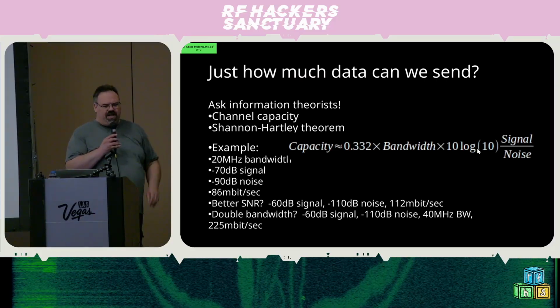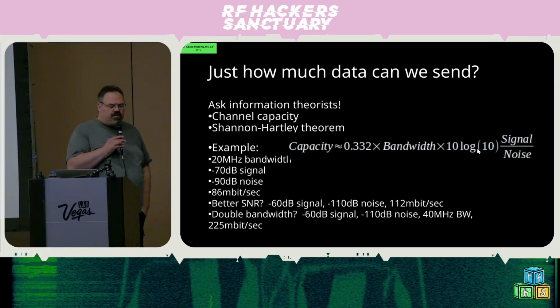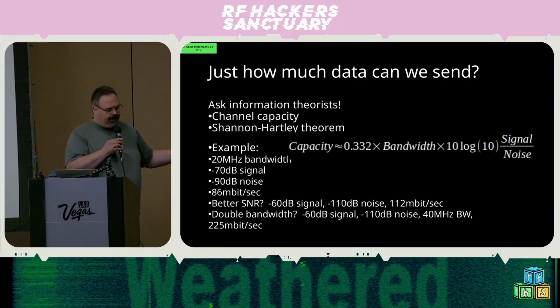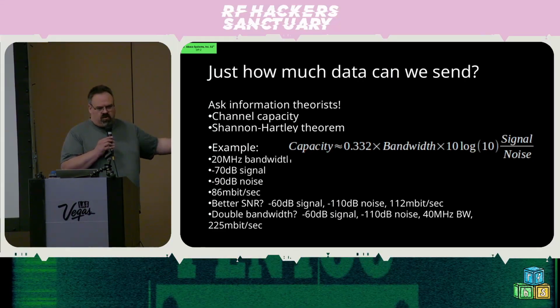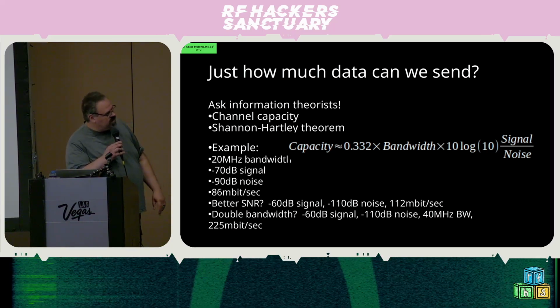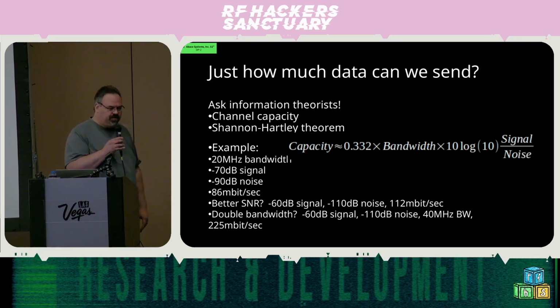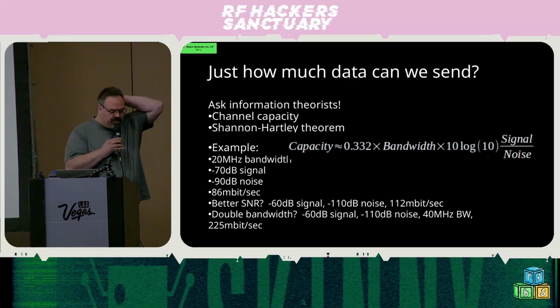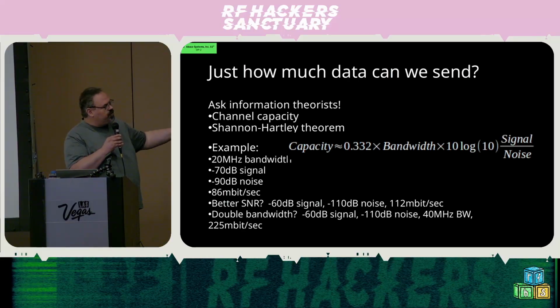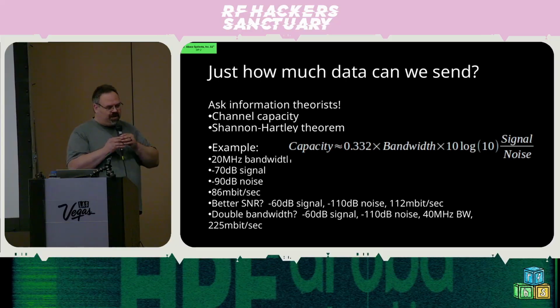As far as how much data we can send, like with that quadrature amplitude modulation thing where it said we need a less noisy channel. So Claude Shannon and someone partly, first name I forget because I'm a terrible person, came up with this kind of channel capacity theorem for within the field of information theory.